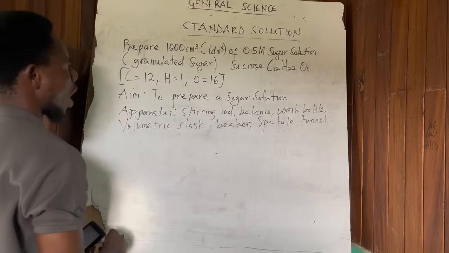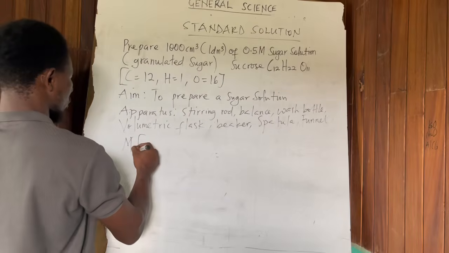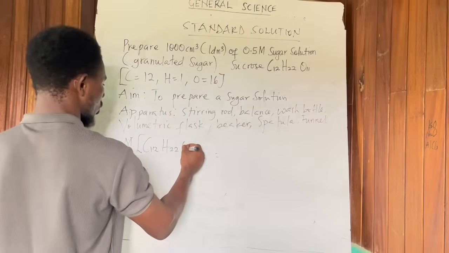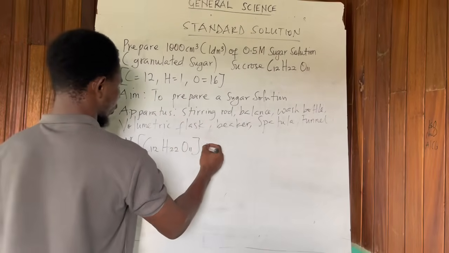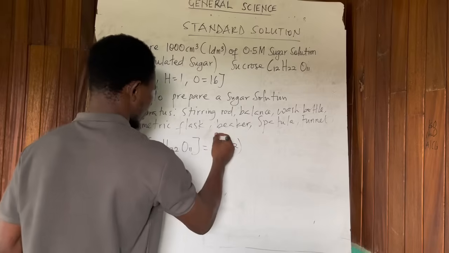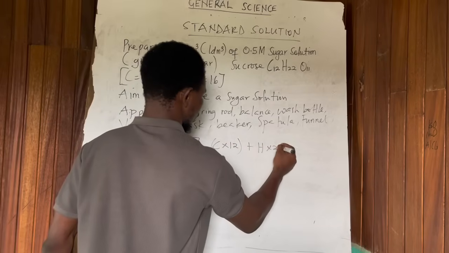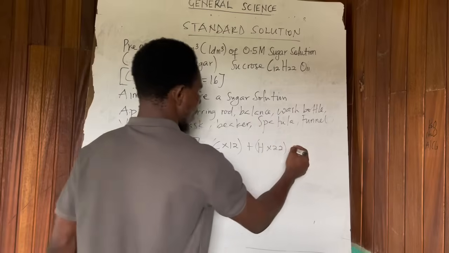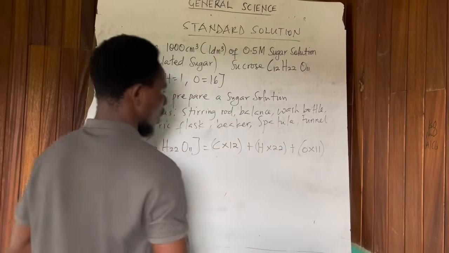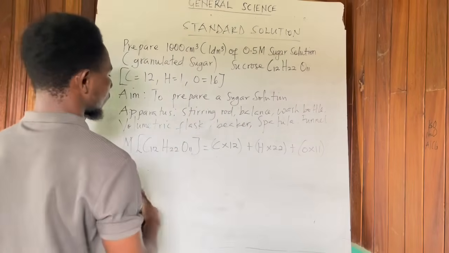Then we calculate our molar mass. Molar mass of our sucrose, C12H22O11, which is carbon multiplied by 12 plus hydrogen multiplied by 22 plus oxygen multiplied by 11. Let's put in the values.